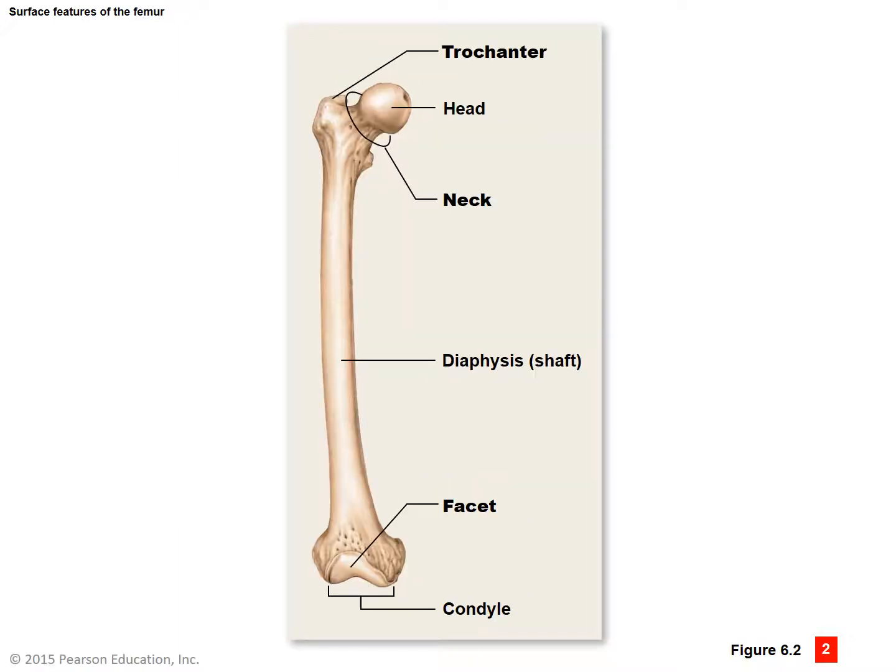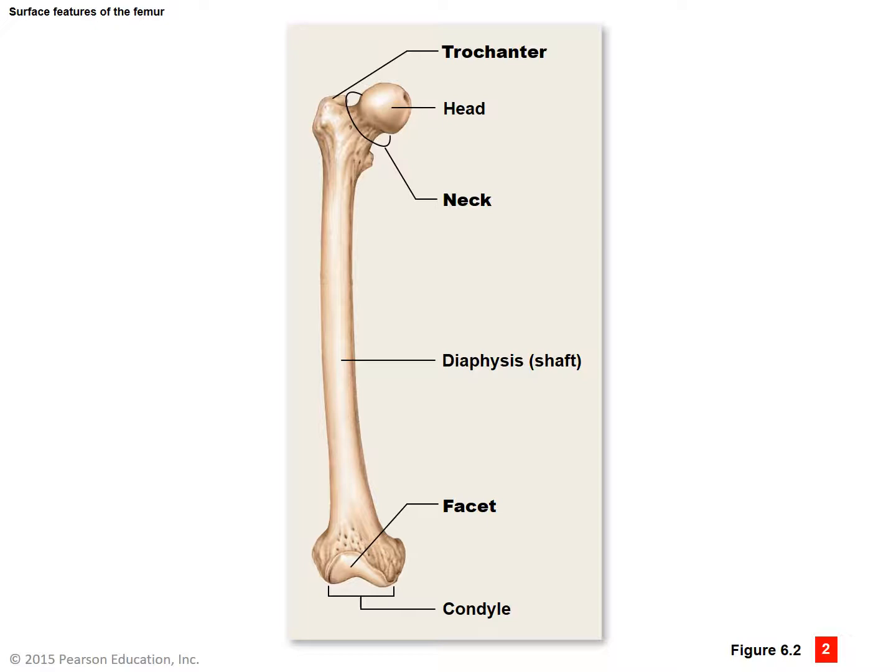We, of course, have a trochanter, a very large type of tubercle or tuberosity that would stick off. Again, another attachment site. We have the neck of bone, and these come in two types, the surgical neck or the anatomical neck. Typically, the surgical neck is the point of highest break, whereas the anatomical neck is at the base of the head. Another example of an articular surface found here at the bottom is a facet.